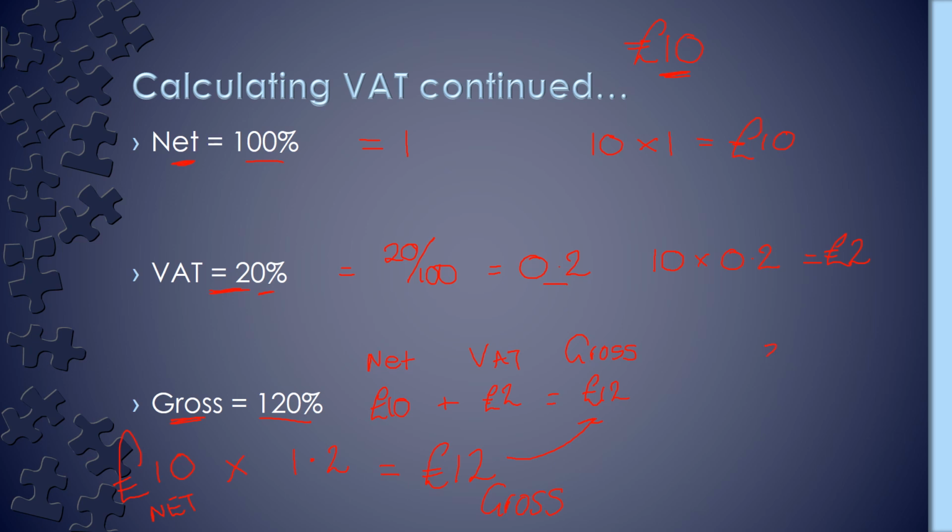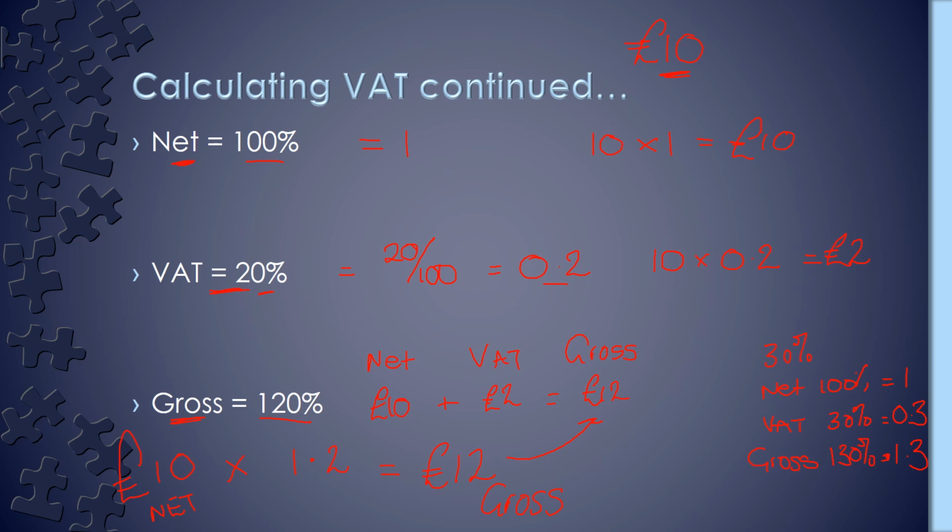Because if you had a VAT rate of 30%, your net would still remain 100%, so therefore it'd equal 1. Your VAT rate would be 30%, which would equal 0.3, and then your gross would be 130%, which would equal 1.3.